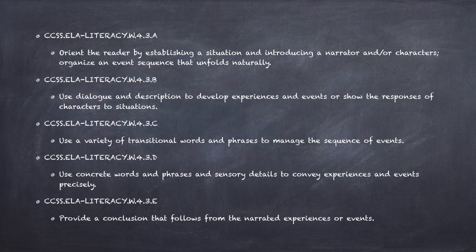C is use a variety of transitional words and phrases to manage the sequence of events. D is use concrete words and phrases and sensory details to convey experiences and events precisely. And lastly, E is provide a conclusion that follows from the narrated experiences or events.